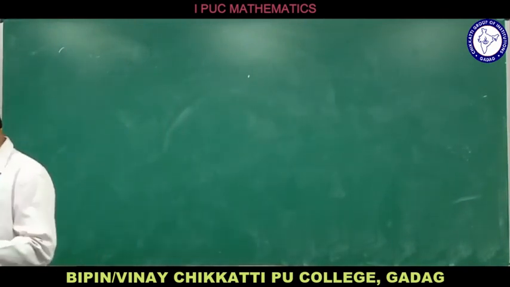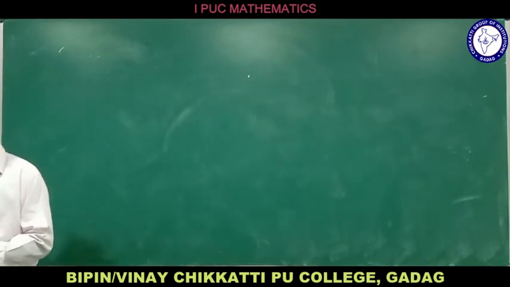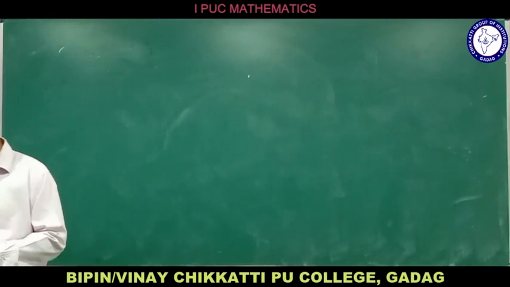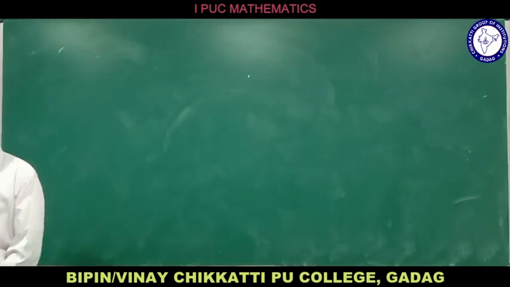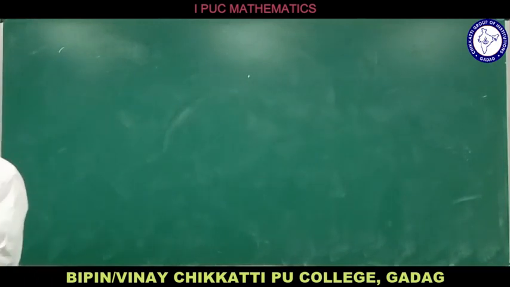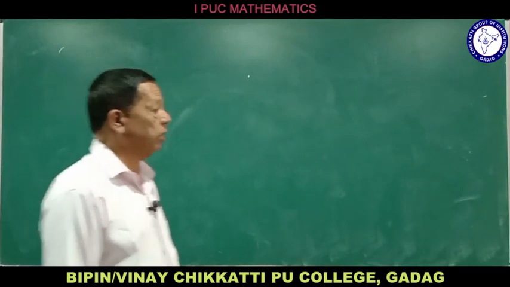Particularly, the set of all second elements in a relation from set A to set B is called the range. So here you have to see what the domain is, what the codomain is, and what the range is. I have to explain once again.